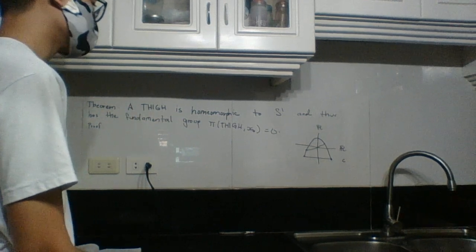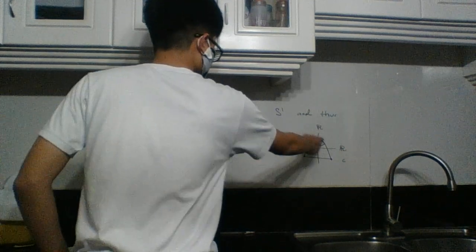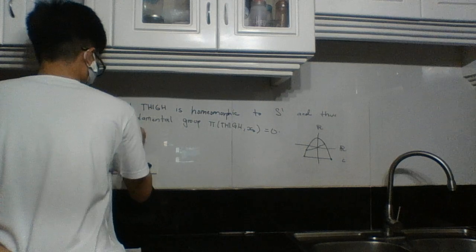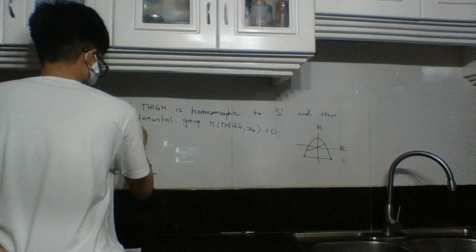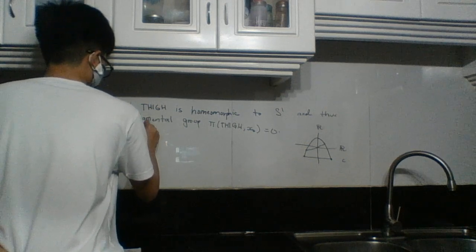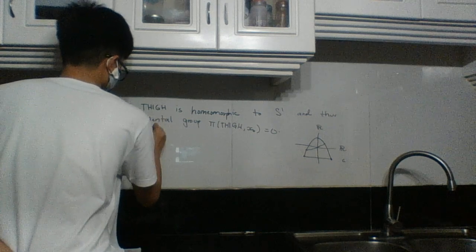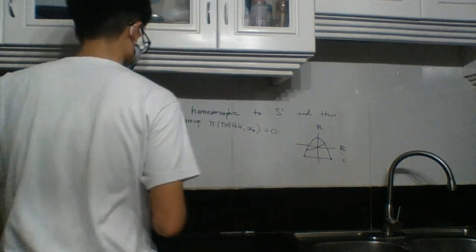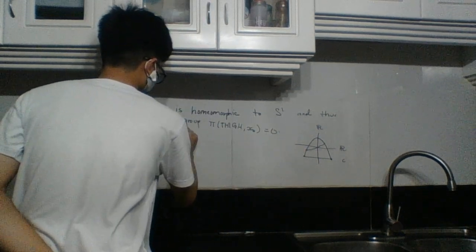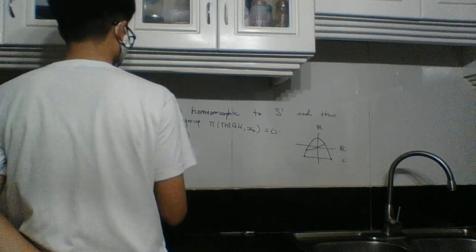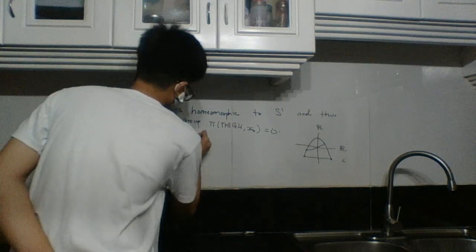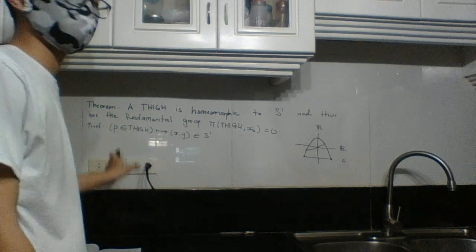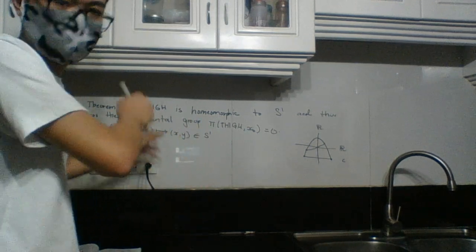But we'll just know that any point here on the thigh, because this point here is composed of 2 coordinates, x, y, is sent to their corresponding pair, x, y, in S1. Okay, so that's our homeomorphism, at least a rough picture of it.